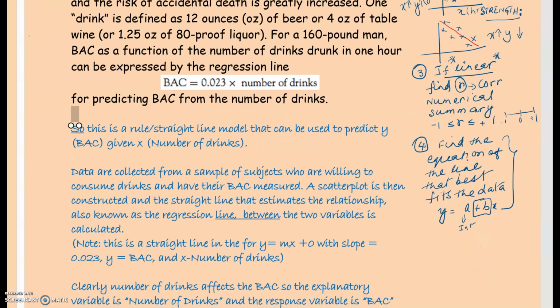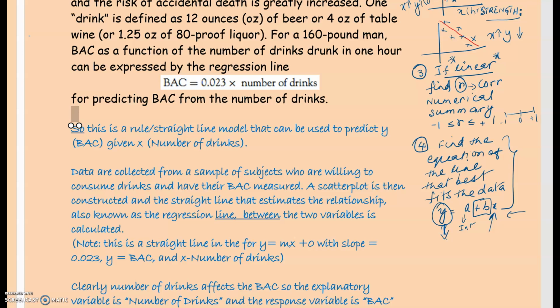And what do we do with this equation? Once we get this equation, we can make predictions. Within the range of values of data collected, we can make predictions. We can plug in an x and figure out a y. And when we plug in an x to figure out a y using this equation, then the y that we get, which is our response variable, is called the predicted value.